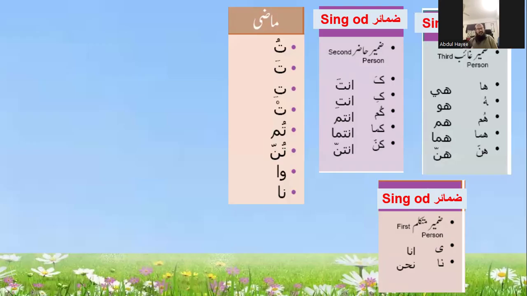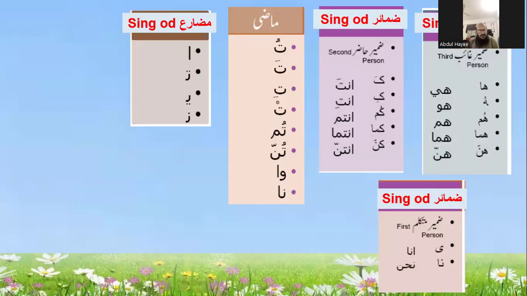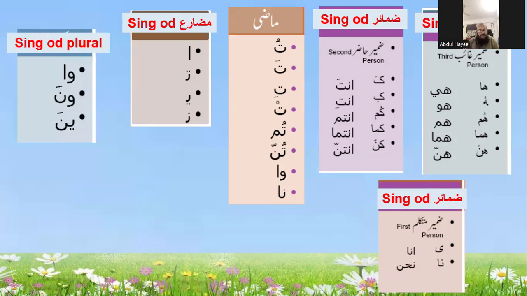The signs of madi we saw yesterday: ta with dhamma, ta with fatha, ta with kasra, ta with sukun, tum, tunna, wa. And what about the mudari? Only 4 letters: hamza, ta, ya, nun. What about the plural sign? Waw alif, either waw nun, or ya nun.